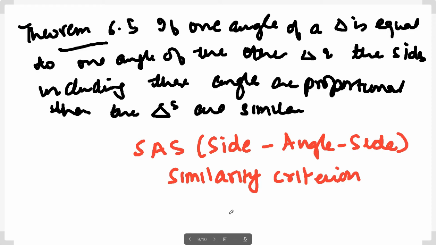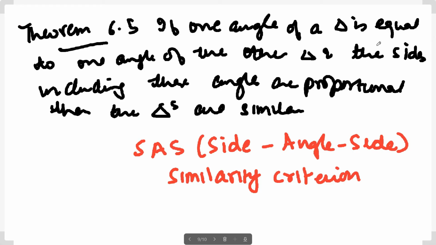Now let's look at the last theorem for this chapter, which is: if one angle of a triangle is equal to one angle of the other triangle, and the sides including these angles are proportional, then the triangles are similar.